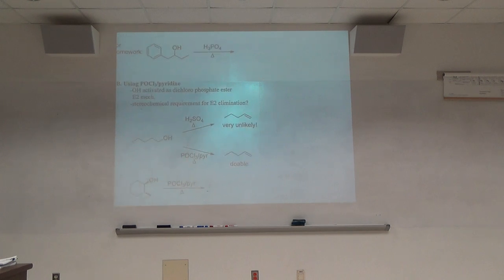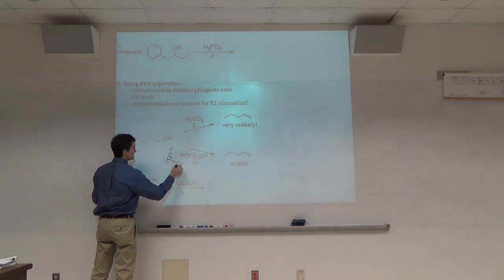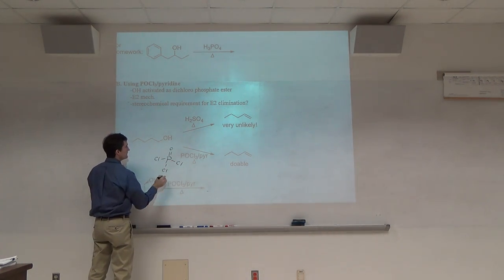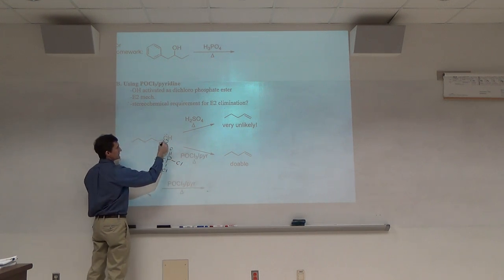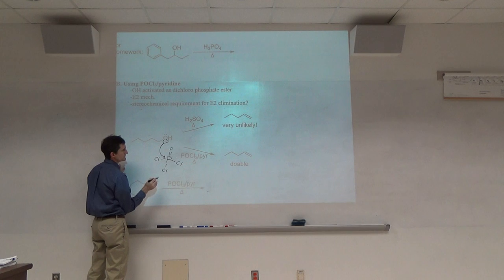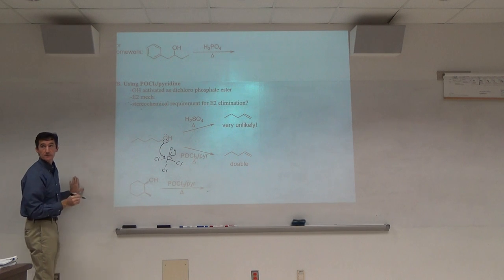Did we do this mechanism? I think I maybe showed you the POCl3. POCl3 and pyridine. Here's POCl3, first step, these electrons attack the phosphorus, what you want to do? Kick off the bond. Pi bond breaks, weakest bond breaks.